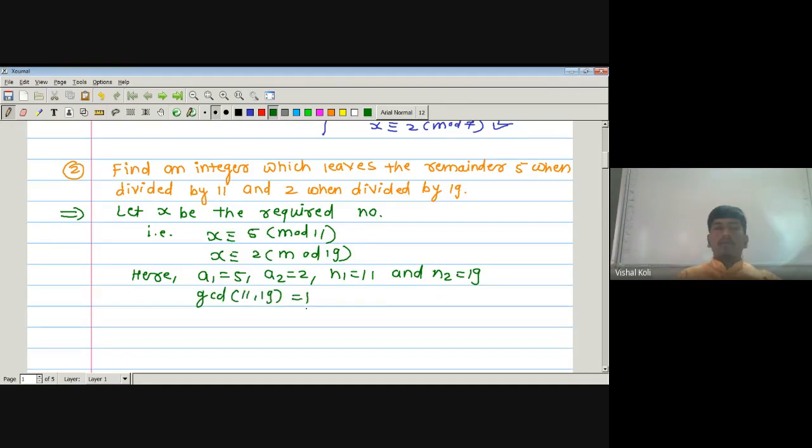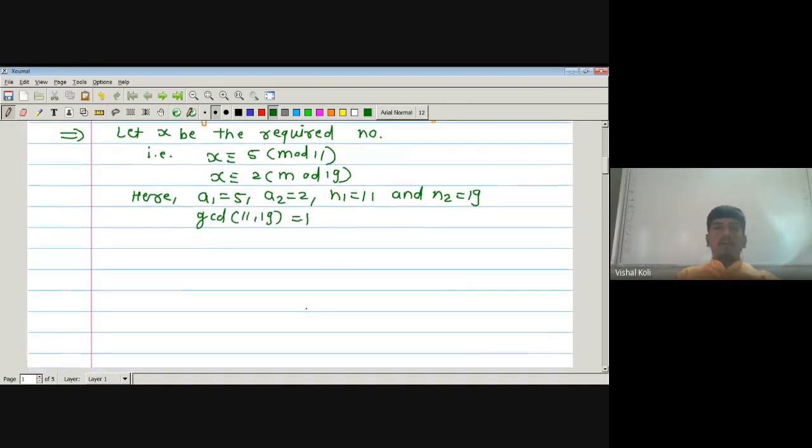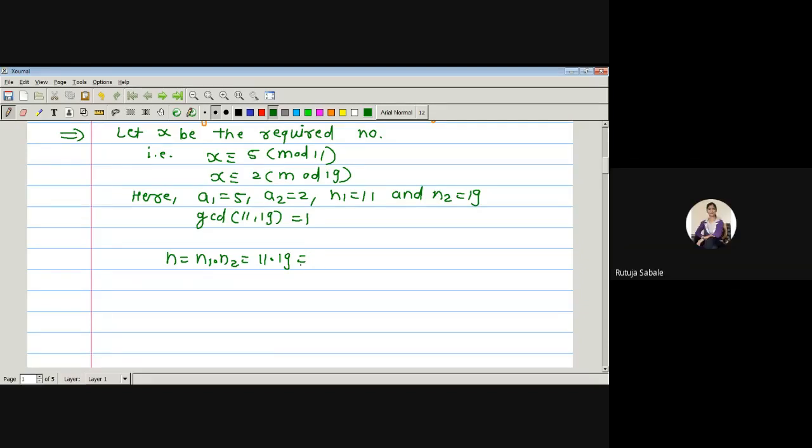Now we have to find the value of small n. Small n is n1 into n2, which is equal to 11 into 19, which is 209.